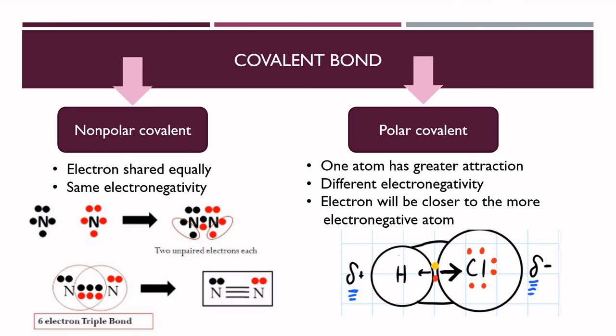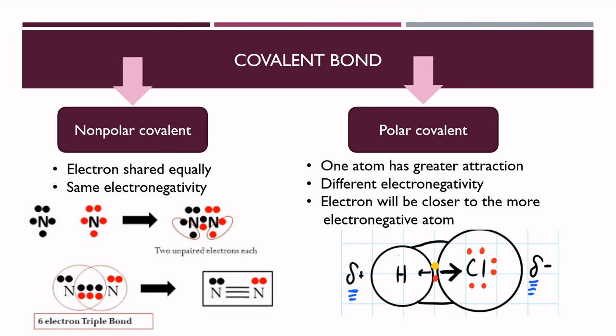For polar covalent, one atom has greater attraction than the other because they have different electronegativity values. The electrons will be closer to the more electronegative atom. For example, HCl.